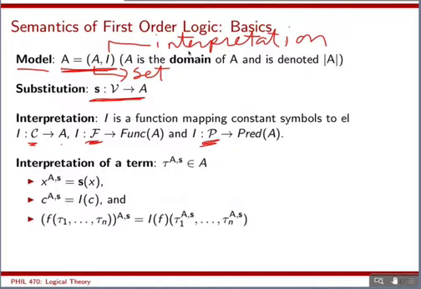If S is a substitution, so we have some substitution S, this is just a map from the variables to A, the element A. S of x replaced by a, this is a new substitution. So S of x replaced by a applied to y, that's just going to be the old function applied to y at all variables except for x, and then it's going to be a when y is equal to x.